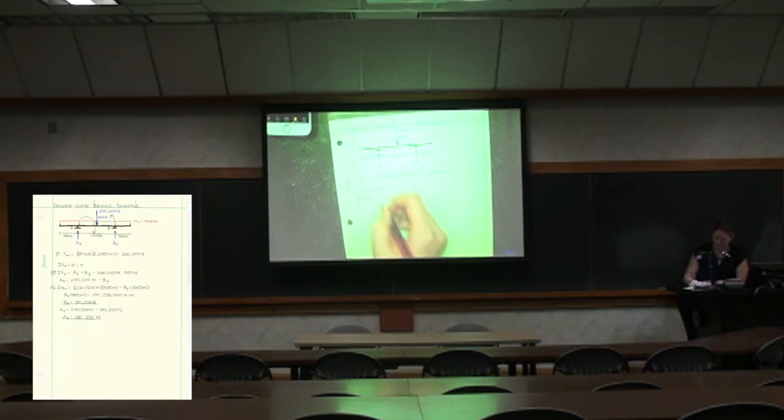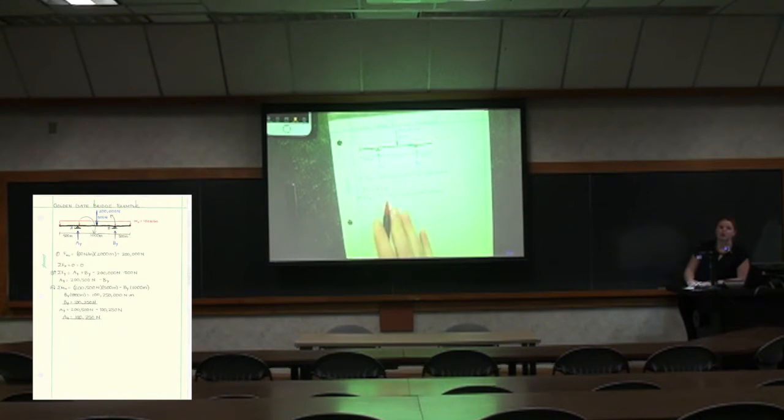AY and BY. Exactly. So we have AY plus BY. And then in the negative direction, we have the 200,000 Newton force from the distributed self-weight load. And we also have a negative 500 newtons from the weight of the car, the point load of the car.